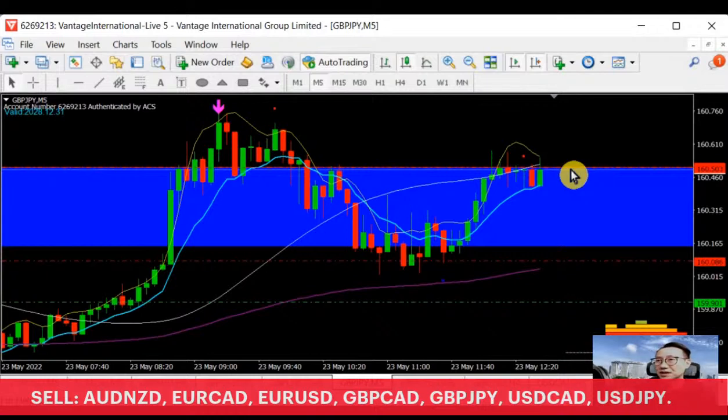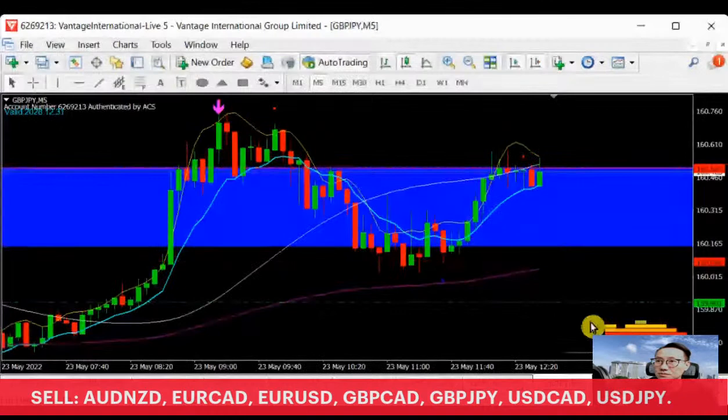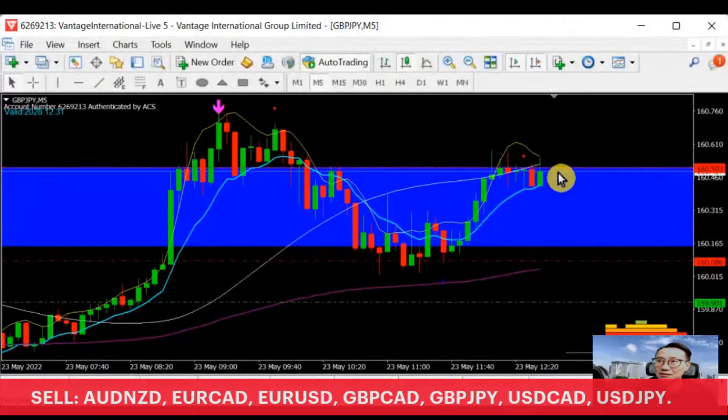Right now we are in a very tight situation over here for Pao Yen, which I would say is a good signal. Why is it a good signal? Because it's getting tighter and tighter, where the number of pips is getting smaller and smaller. If it's not breaking, we will experience a very huge drop from the resistance here.